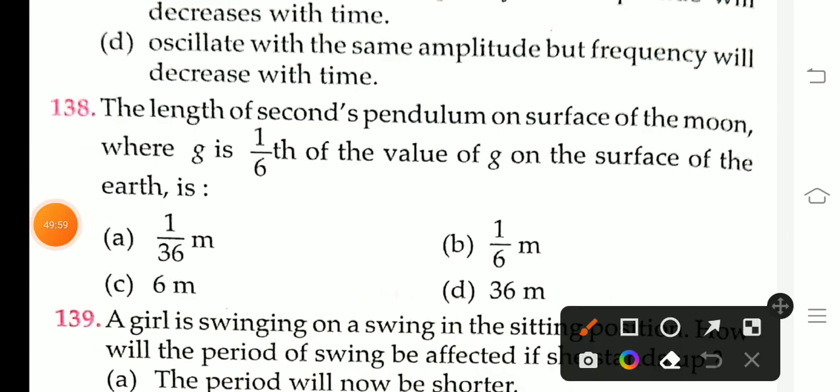The length of a second's pendulum on the surface of the moon, where g is 1 by 6 of the value of g on the surface of the earth, is 1/6 meter.